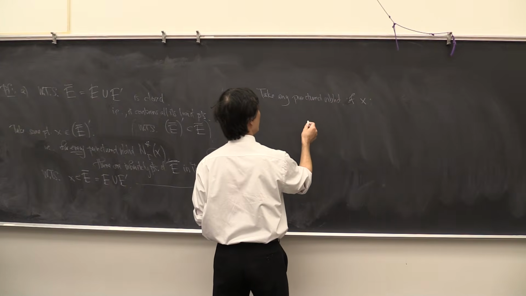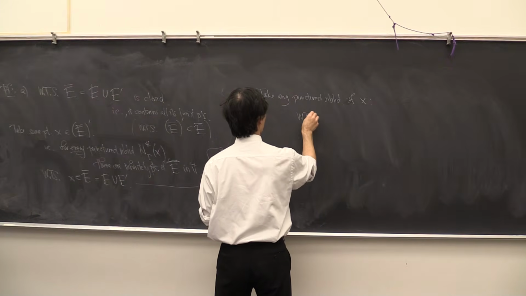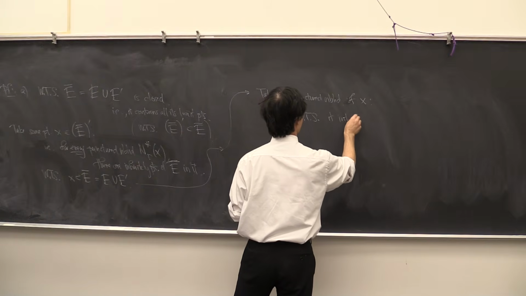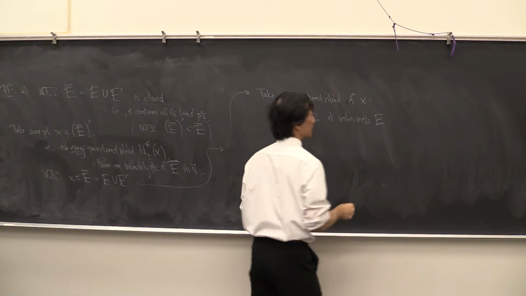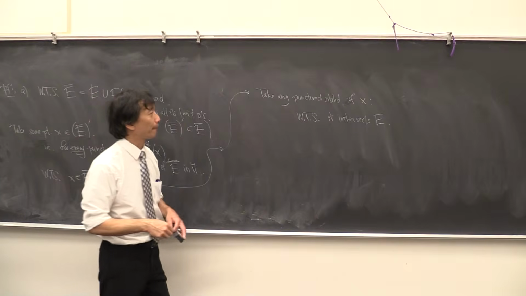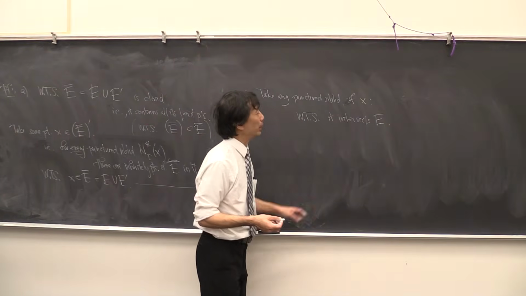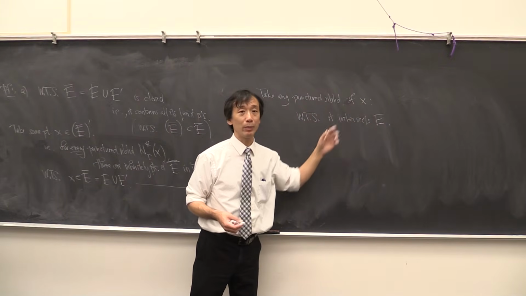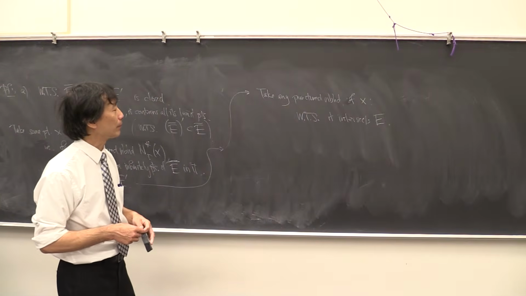We want to show that it intersects E. If we can do that, then we're done, right? x would be a limit point of E.